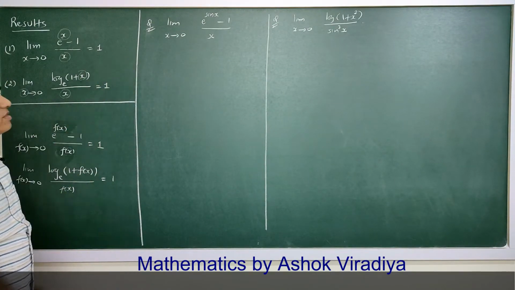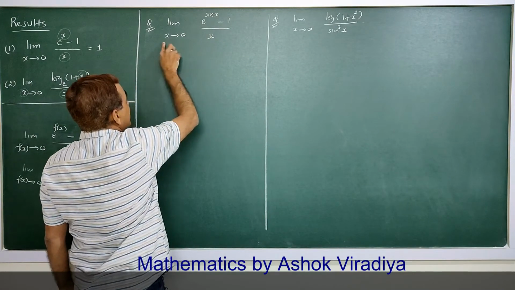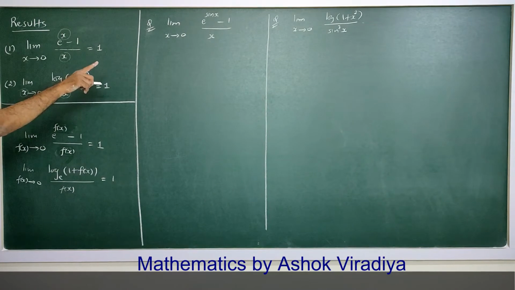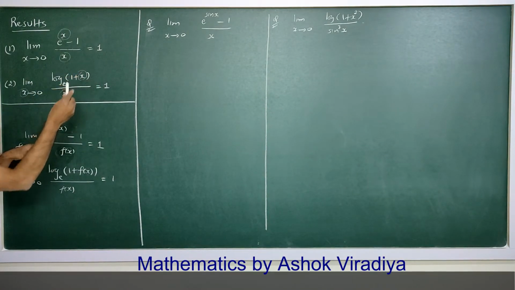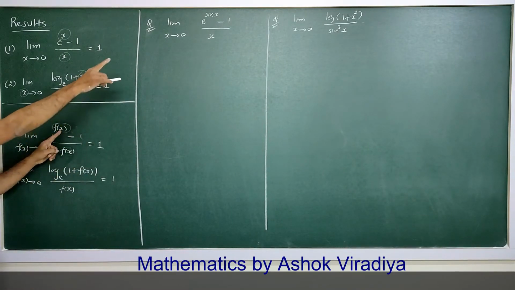Now next question. Limit of e raised to sin x minus 1 upon x, x tends to 0. Here sin x is given, so the function is sin x.